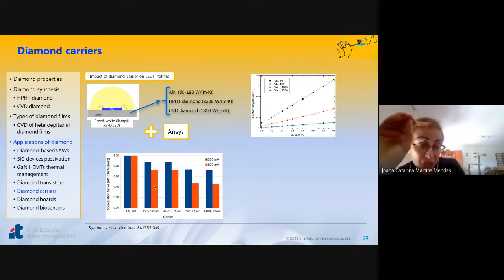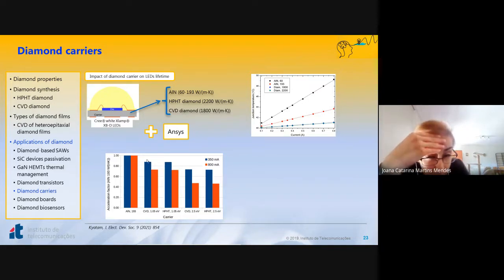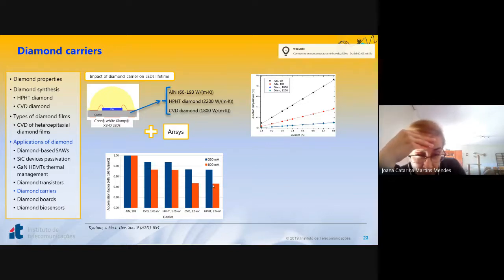And in the worst case scenario, diamond will improve the lifetime between 15% and 25% if operated at 350 milliamps, or 25% and 55% more or less if you operate the device at 800 milliamps.